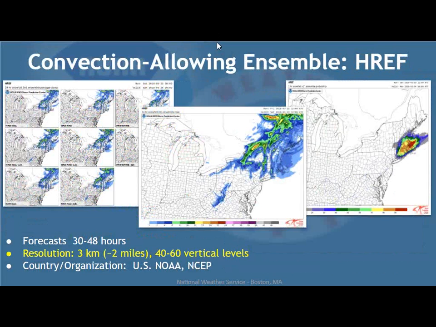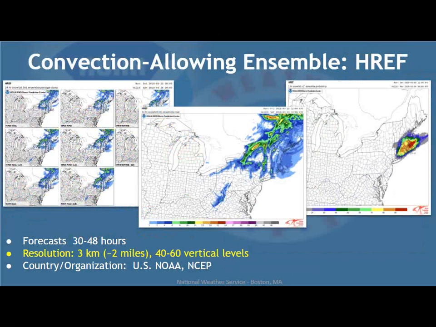Now, another really helpful convection allowing model suite that we use is called the HREF, and this is the main ensemble. So Joe talked about ensembles, basically a combination of different models. An ensemble can either be the same model that has been tweaked with its initial conditions several different times and put into an ensemble, or it can be a combination of several similar models.